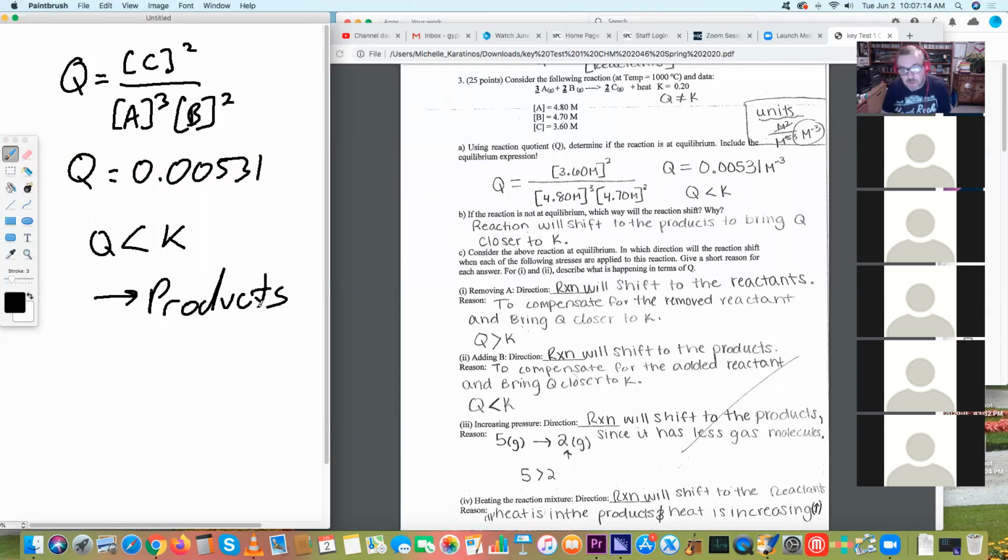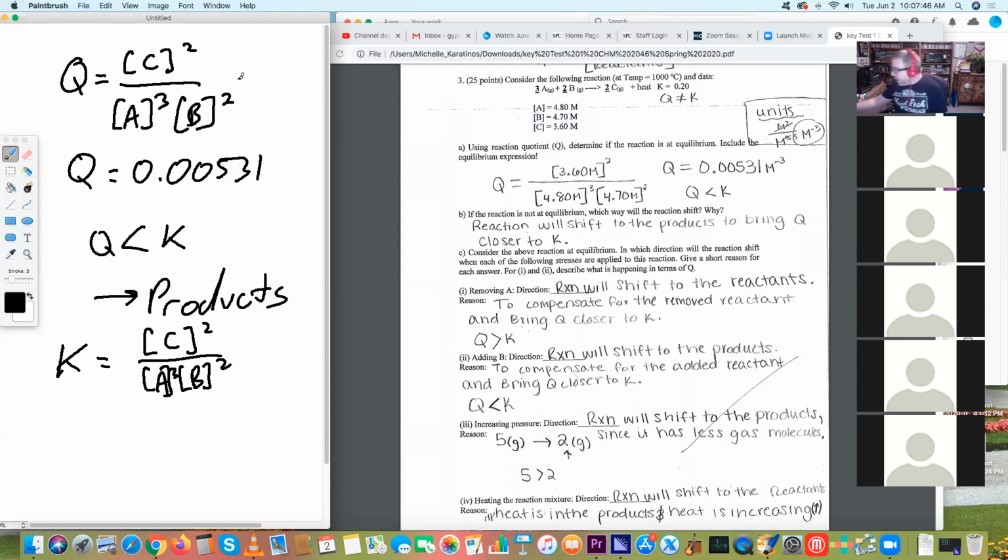So if we've got a situation where we're removing A, we'll write out the K expression here since we are at K. The K expression is going to be the same as the Q expression. The difference being that the K expression only applies when the reaction's at equilibrium. Once we apply this stress, we're really just looking at the Q process, just like before.